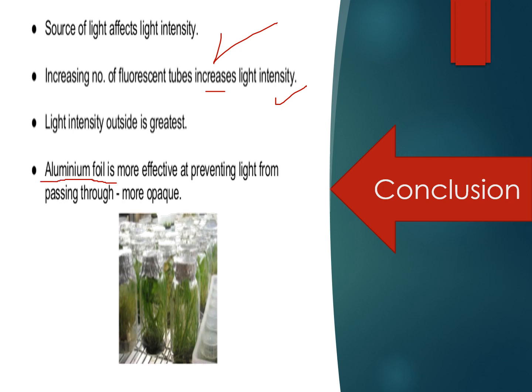Aluminum foil is more effective at preventing light from passing through because it is more opaque. Aluminum foil is an opaque material and doesn't allow light to pass through.